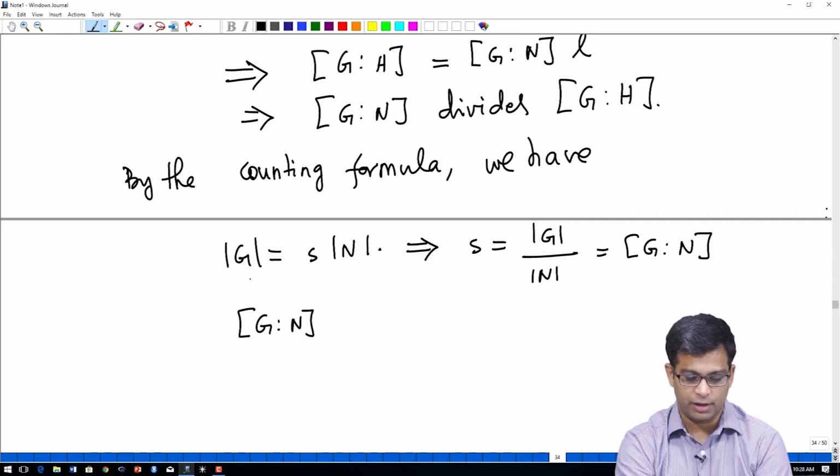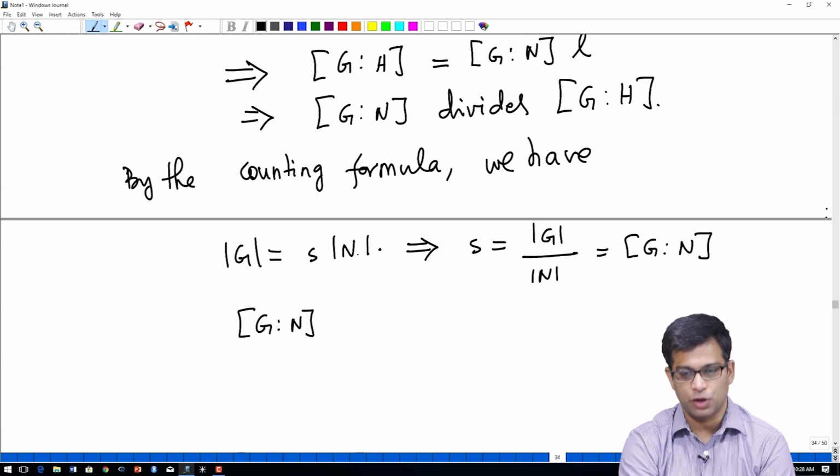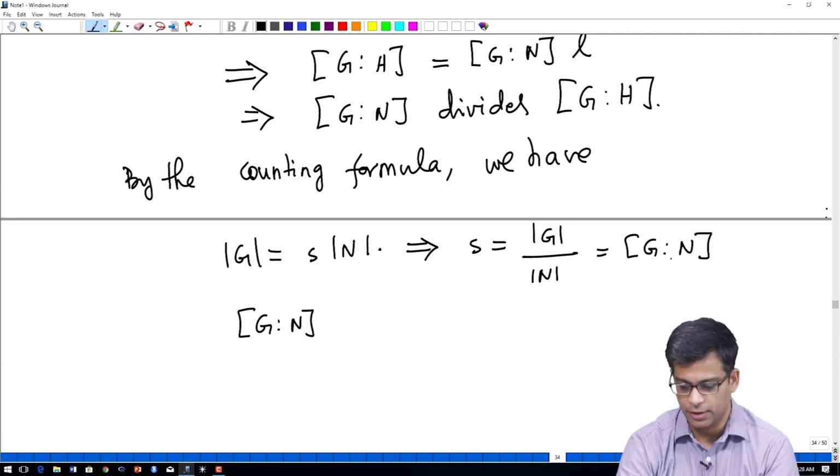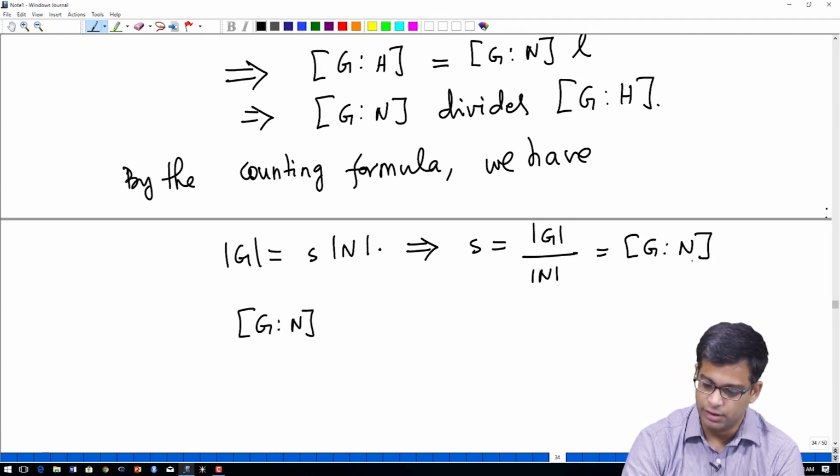We proved earlier that the order of G is equal to small s times the order of N. So, small s is the order of G divided by the order of N, which is, not by definition, but by the counting formula, the index of N.